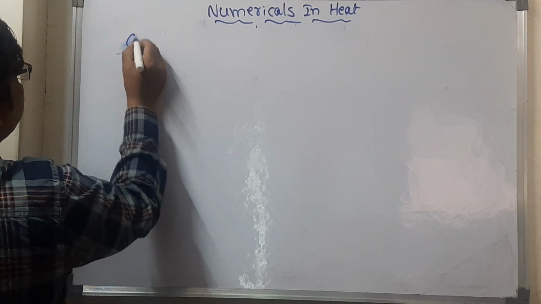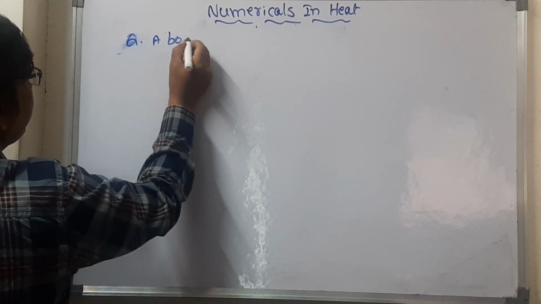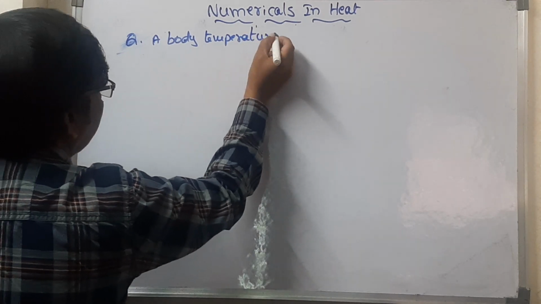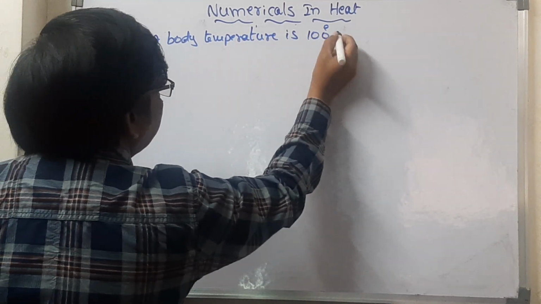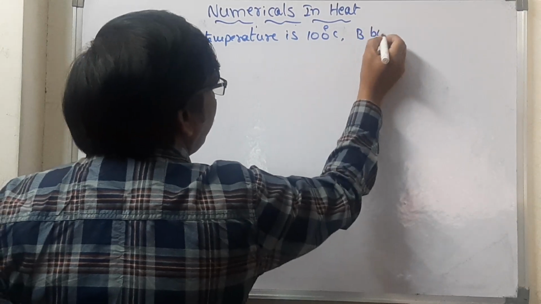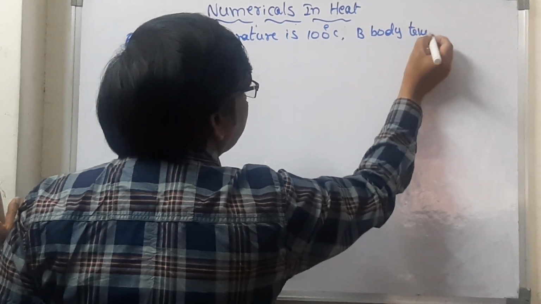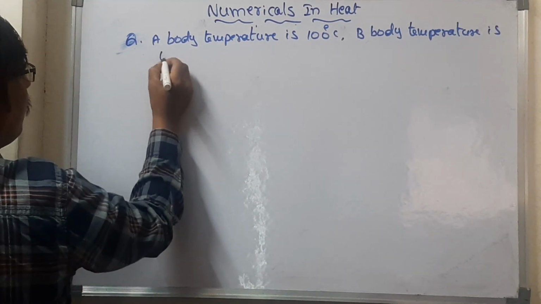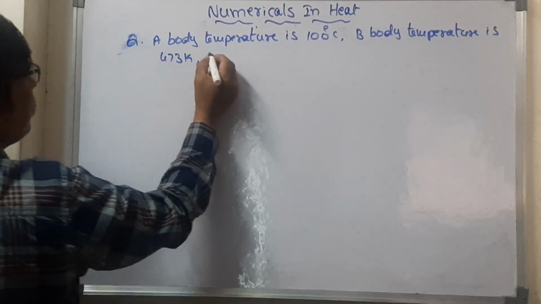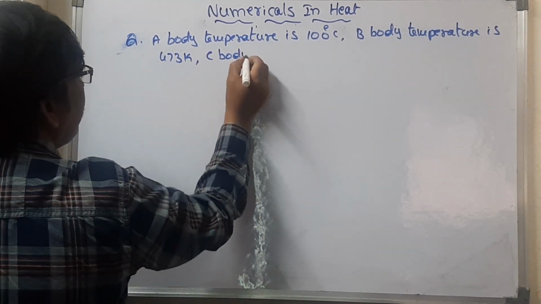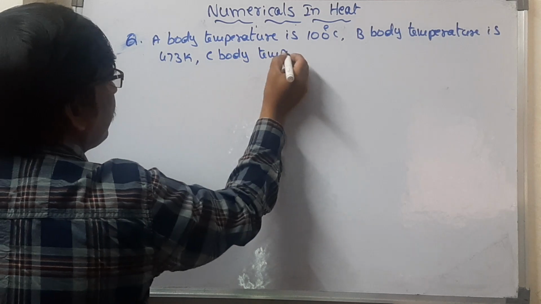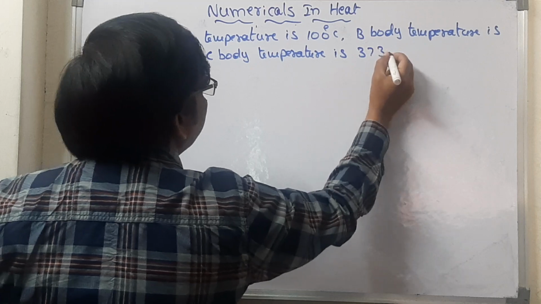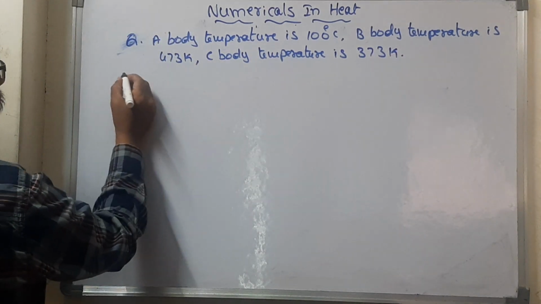This is one of the very important questions. A body temperature is 100 degrees C. B body temperature is 473 K. C body temperature is 373 K. So here is the question.